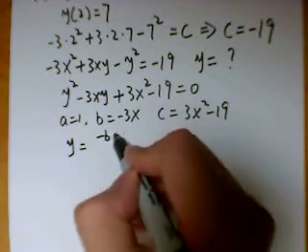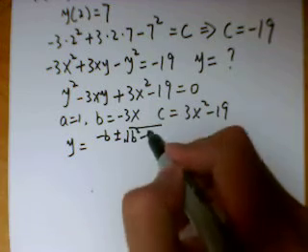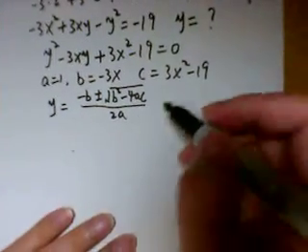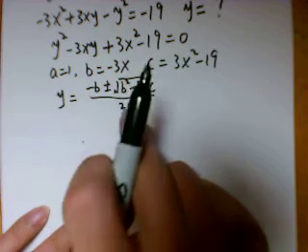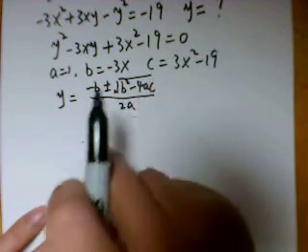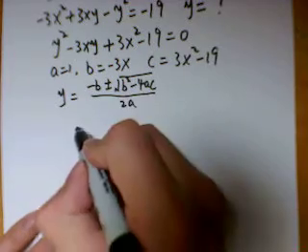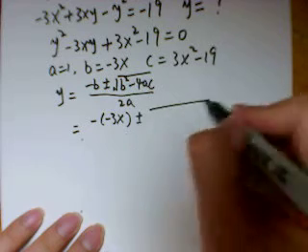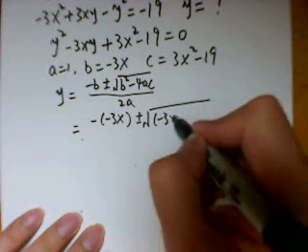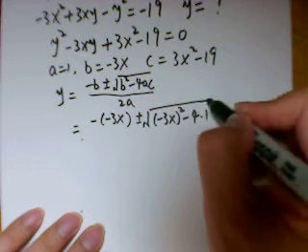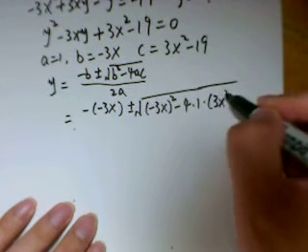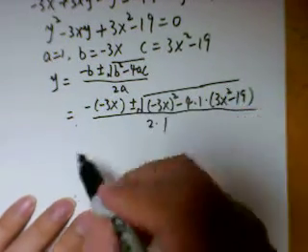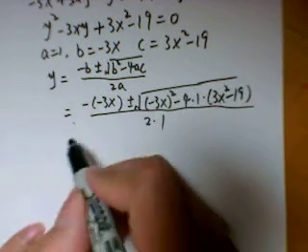We know the quadratic formula, right? The quadratic formula is like that. The basic idea is we plug in these a, b, c variables. b squared will be negative 3x squared, minus 4ac. a is 1, c is 3x squared minus 19. And then divided by 2 times 1. We can simplify it.